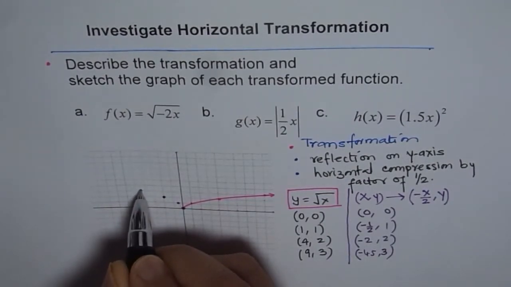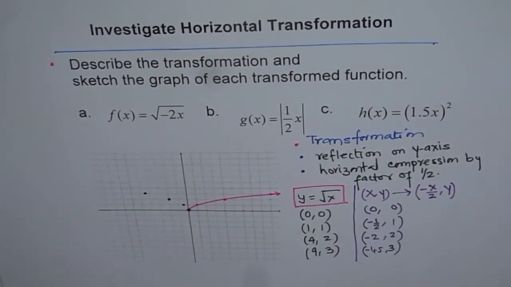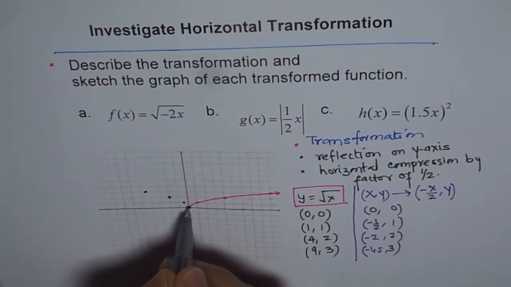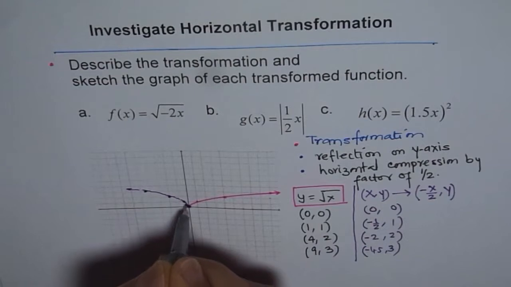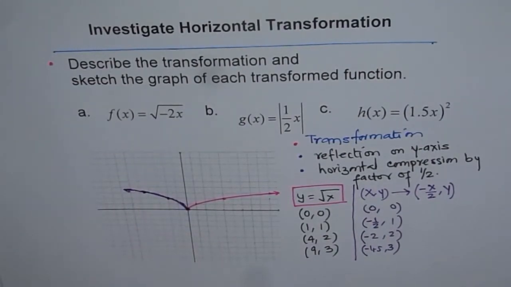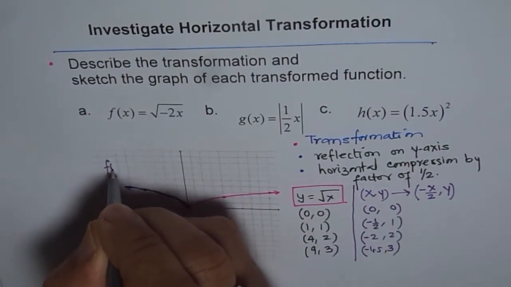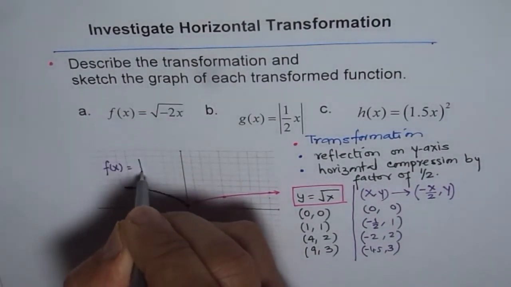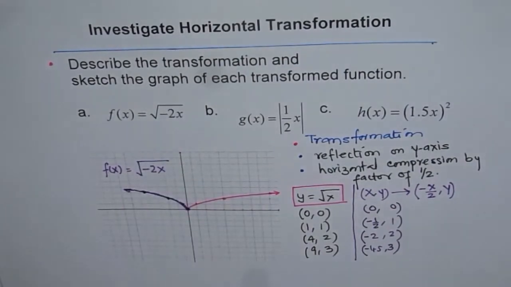So this is my 4.5 and 3. Therefore, I can connect these points and draw my graph. I join these points like this, and this is my transformed function f of x. So I write here f of x equals square root of minus 2x. That is one way of doing it.